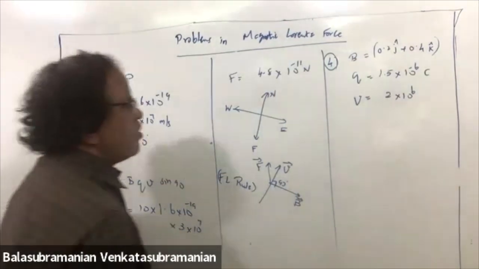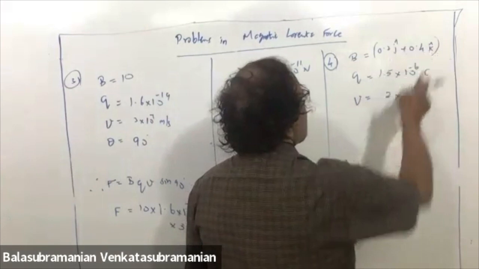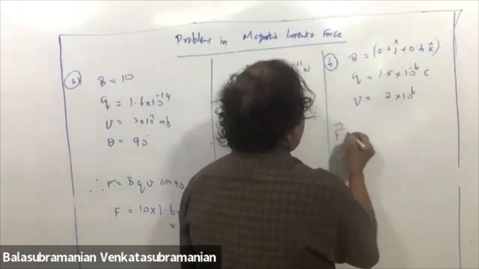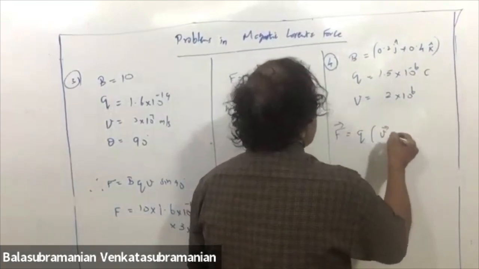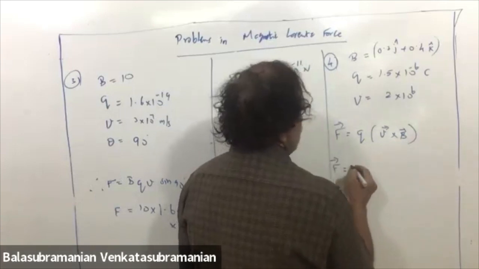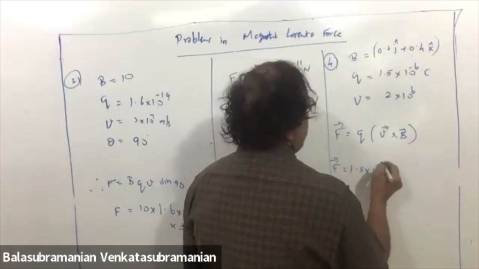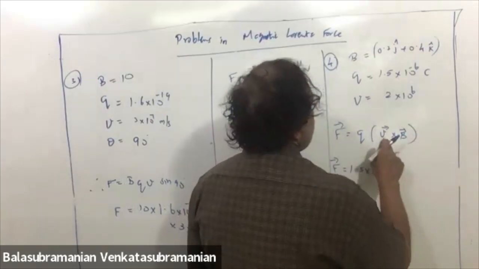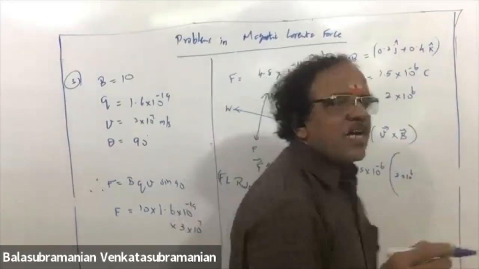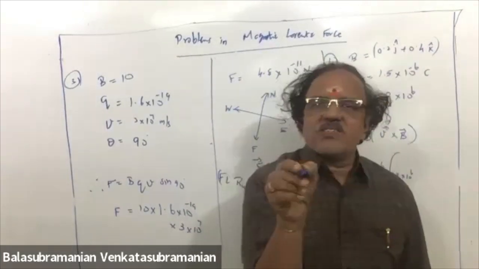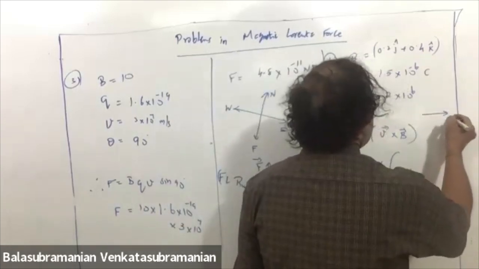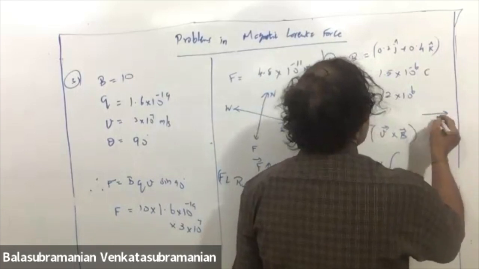Since it is given I cross J cross K, we have to use the basic formula. F is equal to Q into V cross B. Q 1.5 into 10 power minus 6. V 2 into 10 power 6, acting along positive x-axis. This is V.